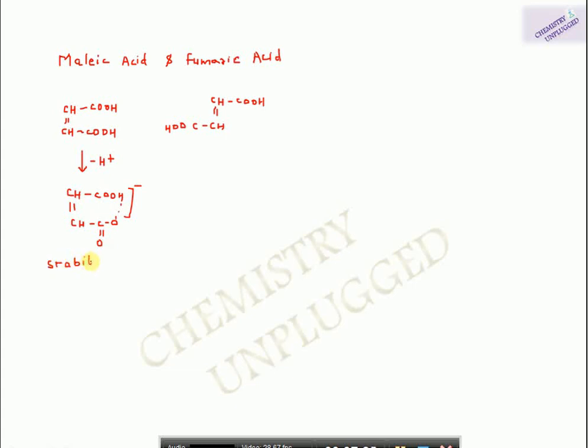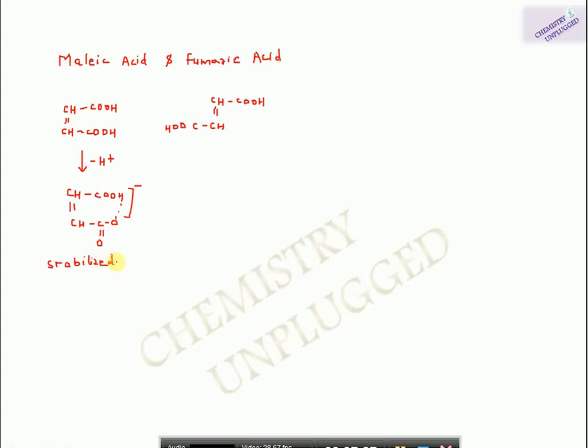Then compare the acidic strength of maleic acid and fumaric acid. Their structures are almost the same, but they are diastereomers of each other because one is cis, another is trans. So what is the effect of their geometry on their acidic nature? First we will form their conjugate base. After formation of the conjugate base, the hydrogen on one carboxylic acid can show hydrogen bonding with the oxygen of the other.